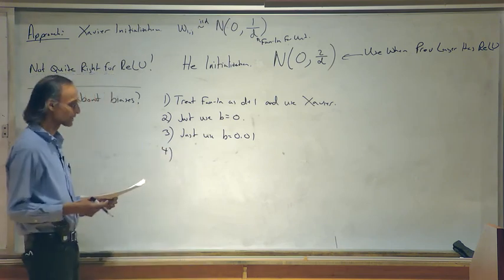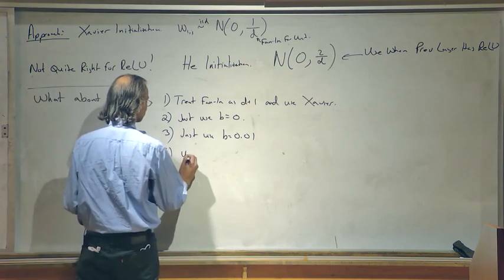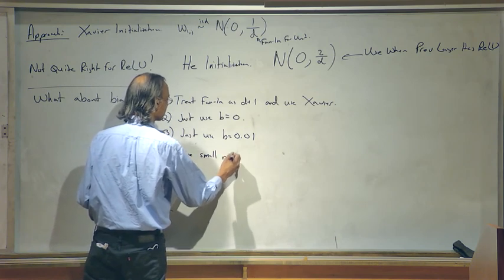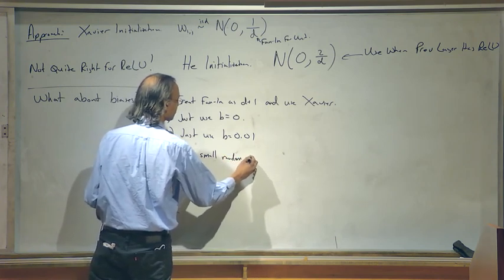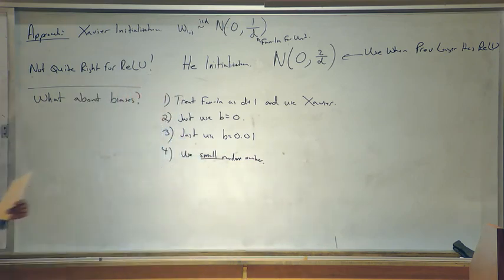And 4 says, what's so special about 0.01 or any other constant? Use a small random number. People use uniforms and things like this. Again, you look at papers, you'll see what they do. You should follow that for initialization.